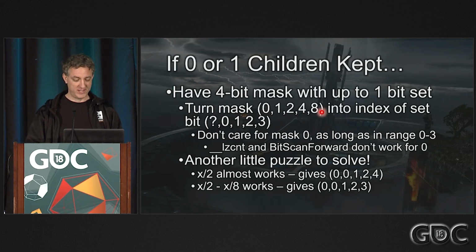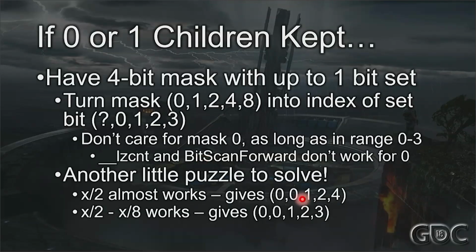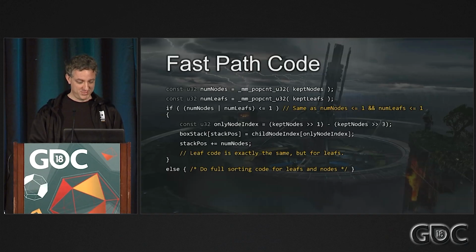So it's going to be one of these 5 values. And we want to turn it into an index, so we want these values. And another little puzzle. Well, I noticed that dividing by 2 almost worked, except for this guy. So I added a fudge factor to make him work. And that ends up as this cheap code, which you can put into C++, and it looks like this.